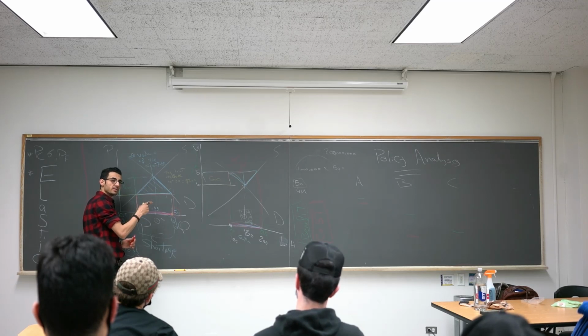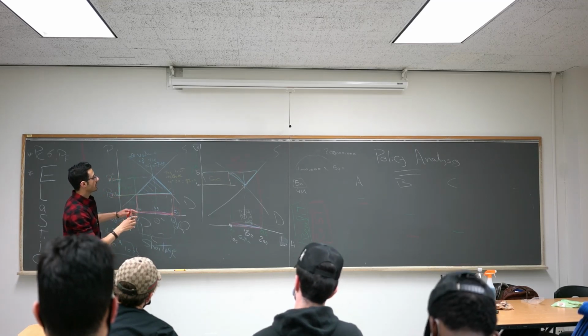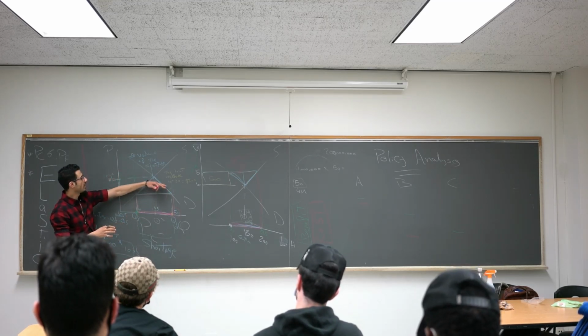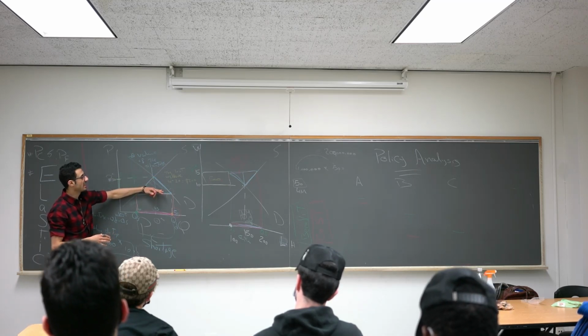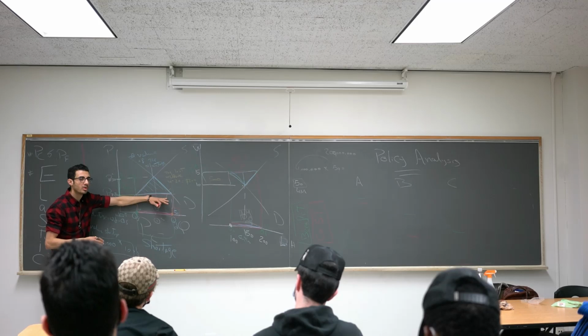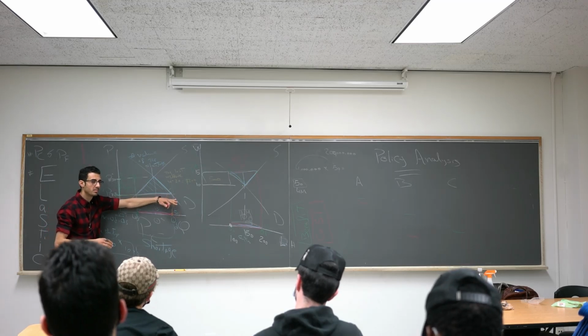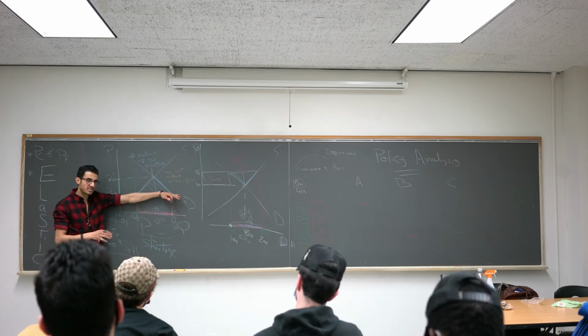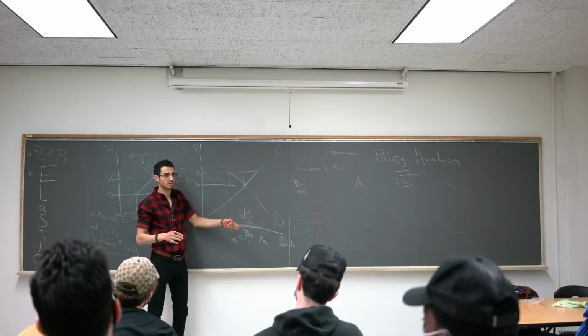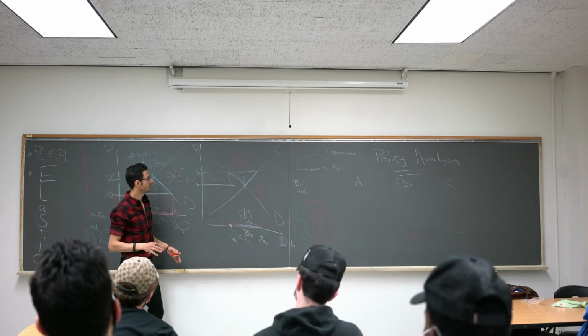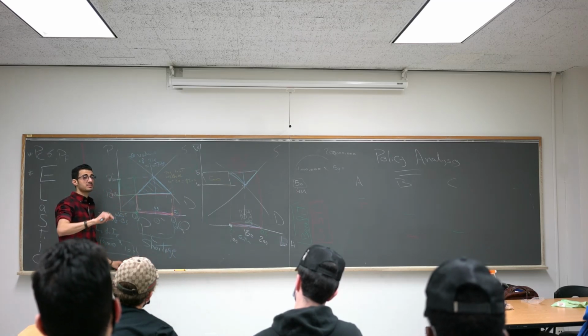Well, the two policies are different. Here the price ceiling is below the equilibrium, so we use the price ceiling. But in order to use the price floor, we have to go above the equilibrium, so it is included. It's a smart observation.